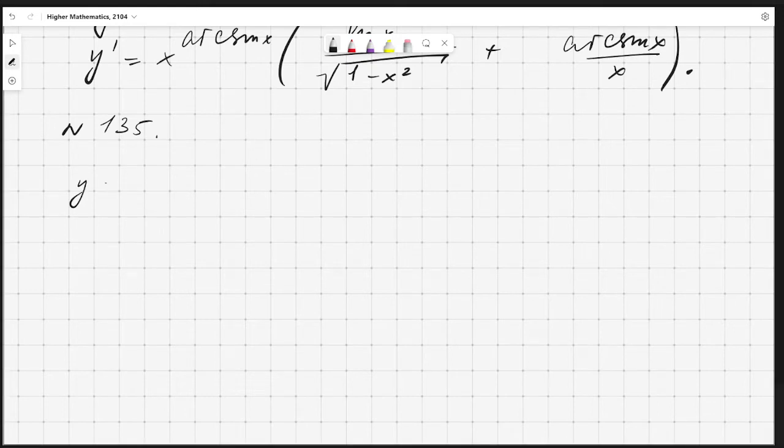Y equals arctangent of 4 sine of x over 3 plus 5 cosine of x.